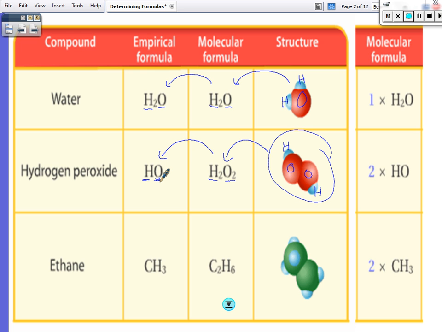Ethane is another example here. Two carbons bound to six hydrogens, but the empirical formula just tells you for every carbon there's six hydrogens. It doesn't tell you what the molecule looks like.